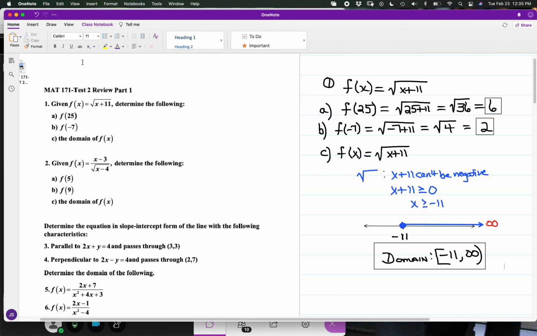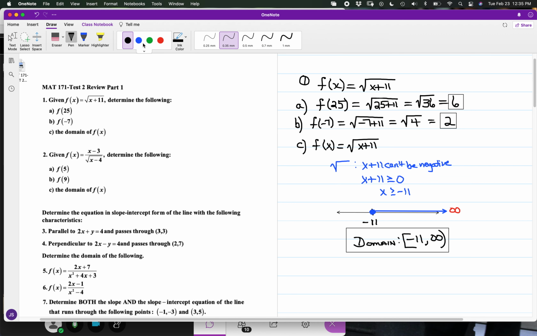Okay, so you have, again, just for the results here, for f of 25, that is going to be 6. F of negative 7 is equal to 2. And for the domain of the function, again, we have going from and including negative 11 out to infinity.